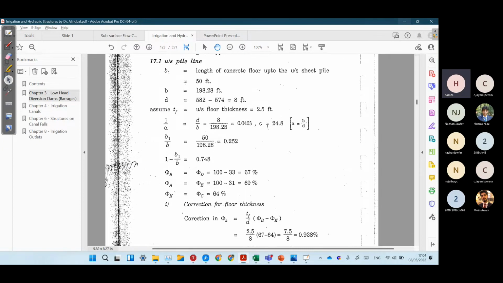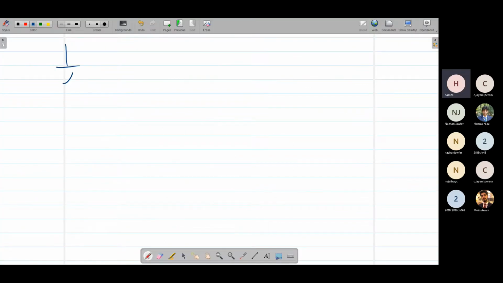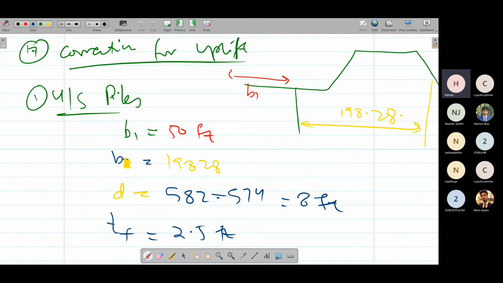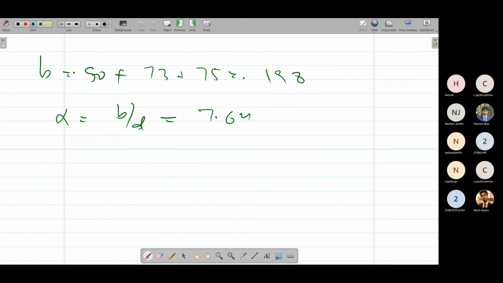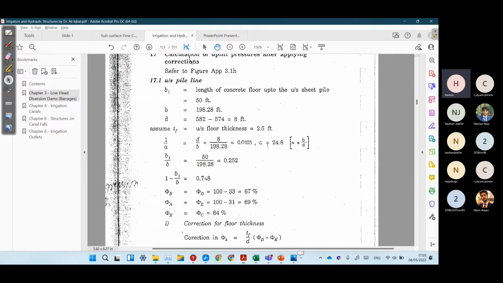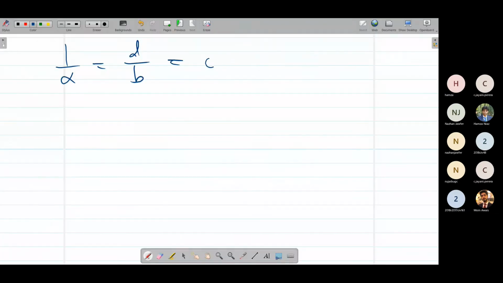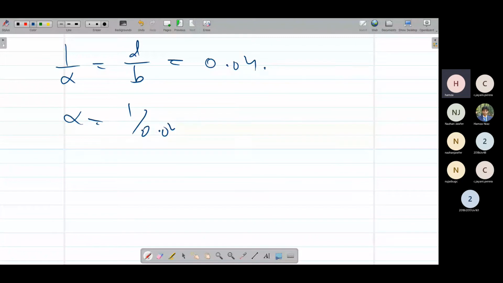Now after calculating this value, we have to calculate 1 over alpha. Alpha was B over D, so 1 over alpha would be D over B. If we calculate this D over B, we'll get the value 0.04. Alpha would be 1 over 0.04, that would be 25.